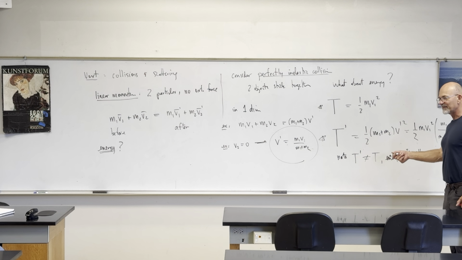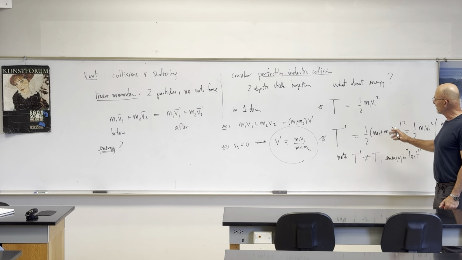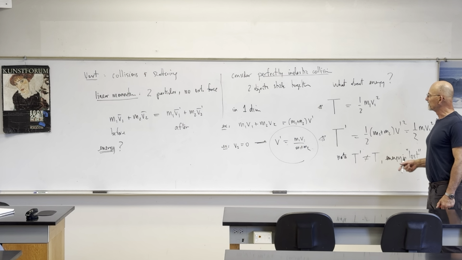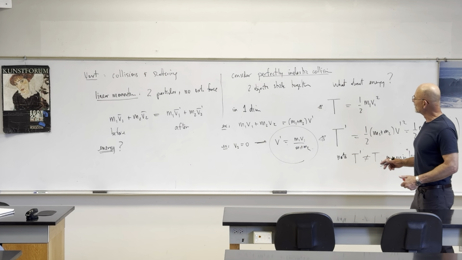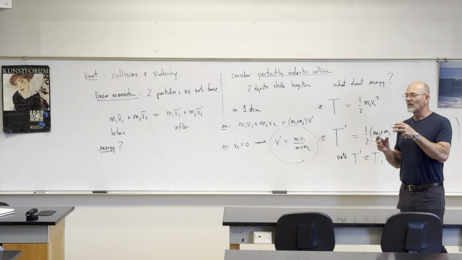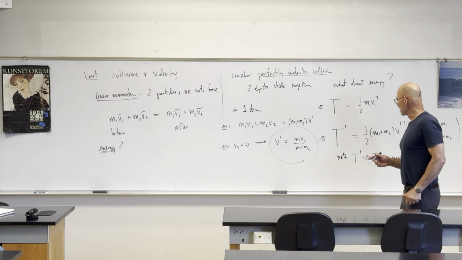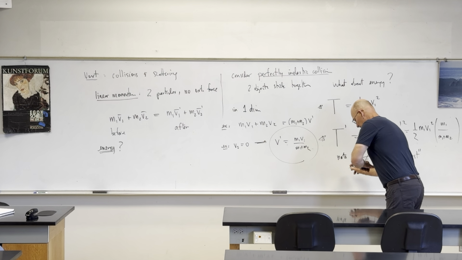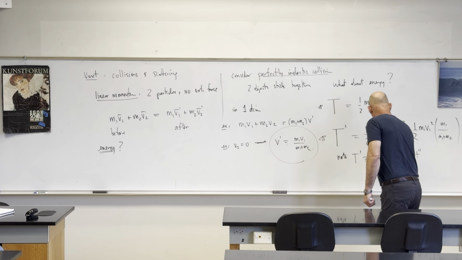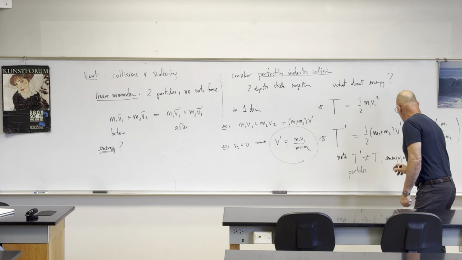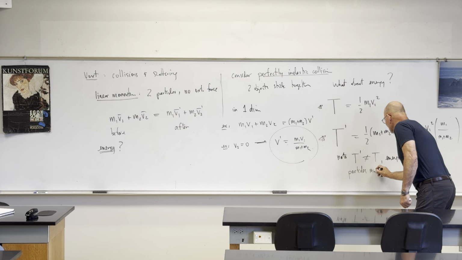But what's actually happening is it's converted to heat, which means the particles have internal structure. So in scattering experiments, depending upon the result of a collision, you can start drawing conclusions about whether or not there's internal structure for the particles. So energy is lost, in scare quotes. Particles must have internal structure.